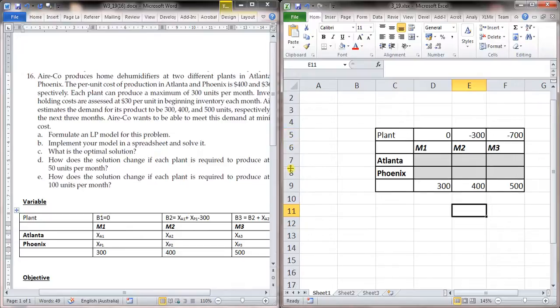So this is a variable, and on all this we need to also put the cost and price for this.